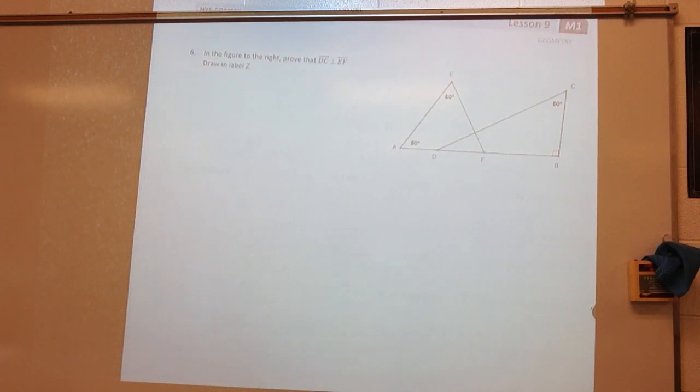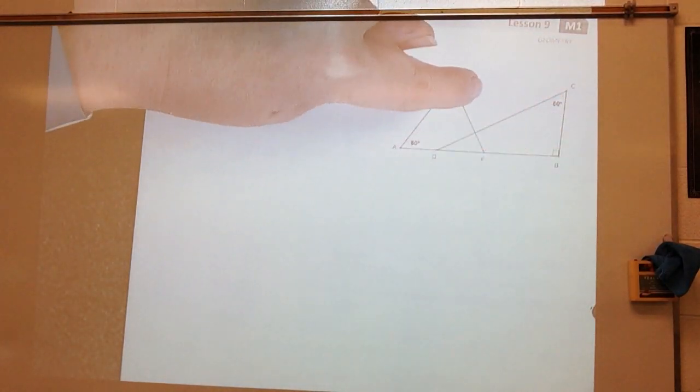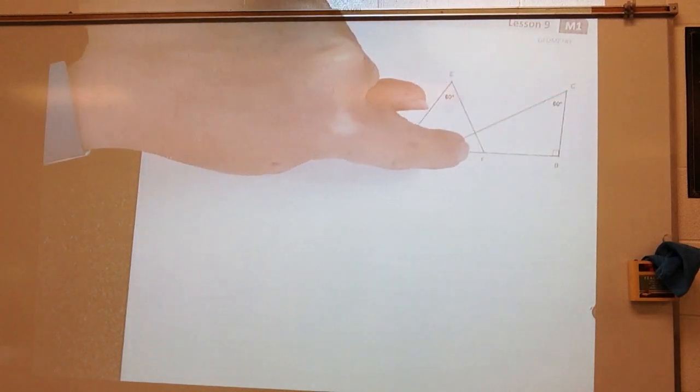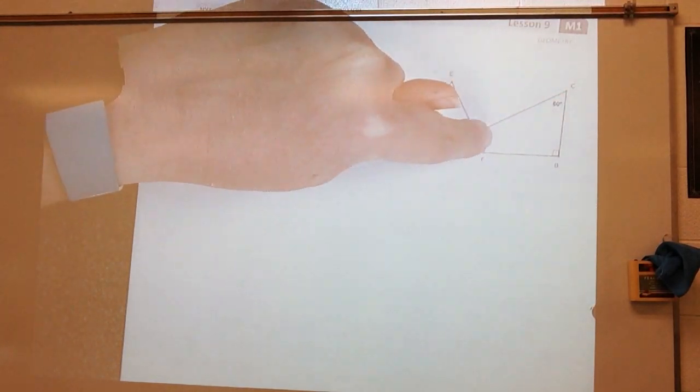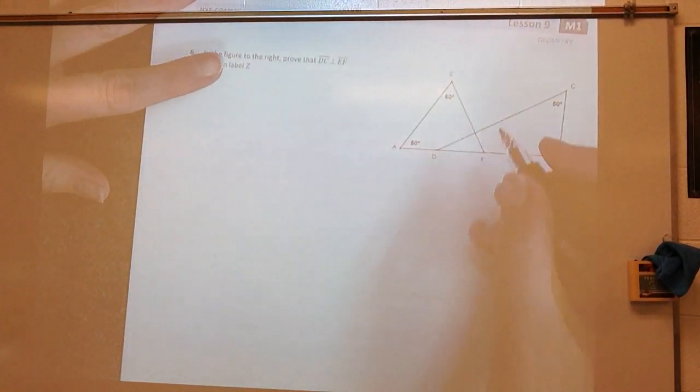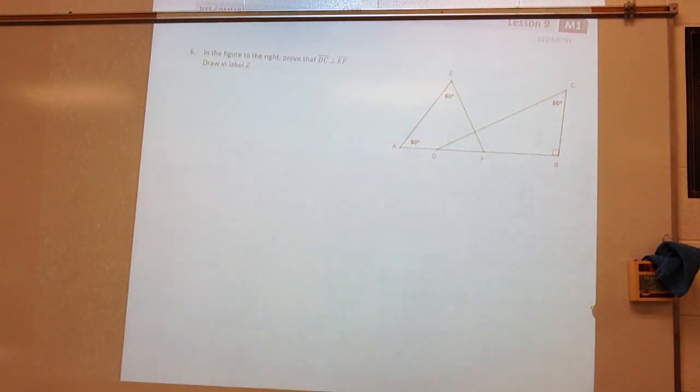It means that it's going to form a right angle. So it wants me to prove that DC is perpendicular to EF. It wants me to prove that there's a right angle somewhere here. All right? Draw in and label Z.